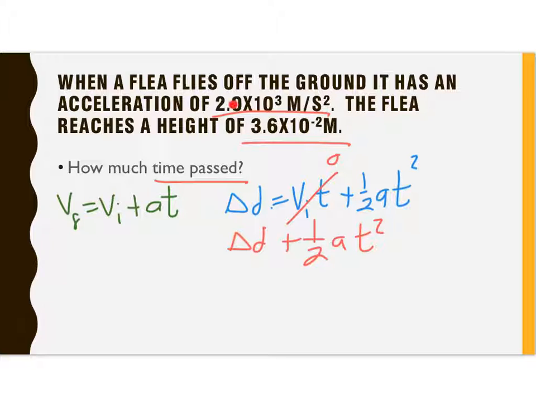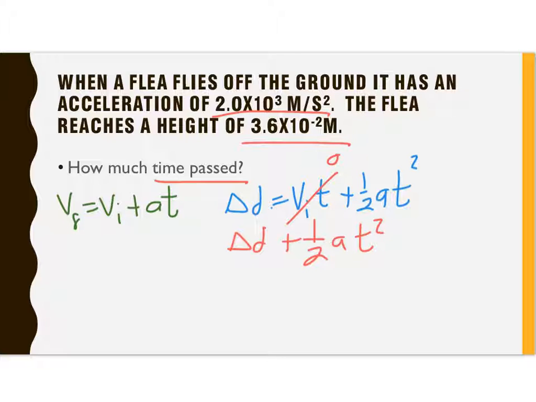The acceleration was given to me in the problem, and the displacement was given to me in the problem. I think this is a better choice because if our answer to part 1 was wrong, if my final velocity is wrong, and I use that wrong final velocity here, then I will get a wrong answer there. So I'm going to use this equation because I'm only using numbers that were given to us, not a number that I had previously calculated.